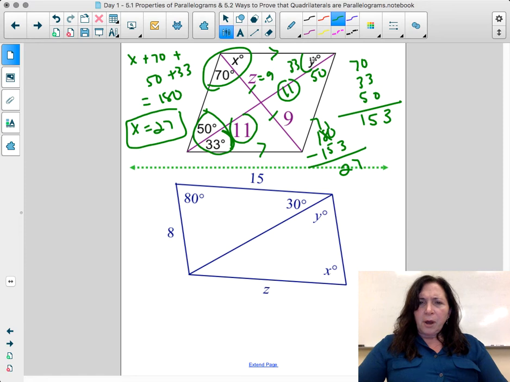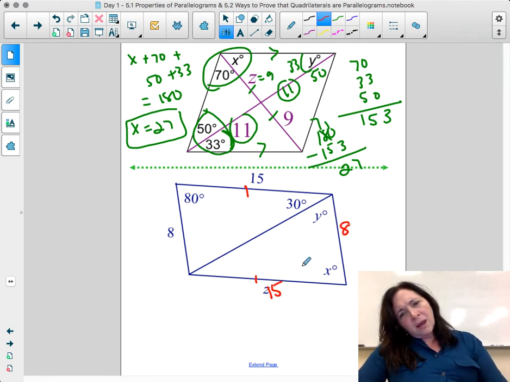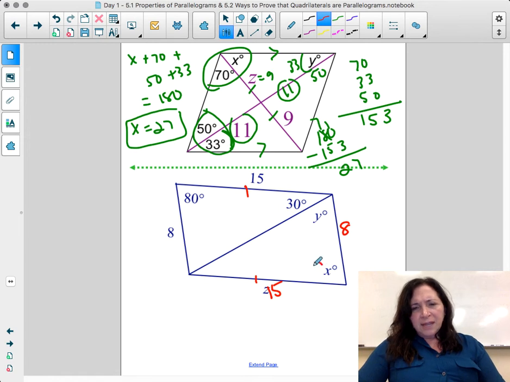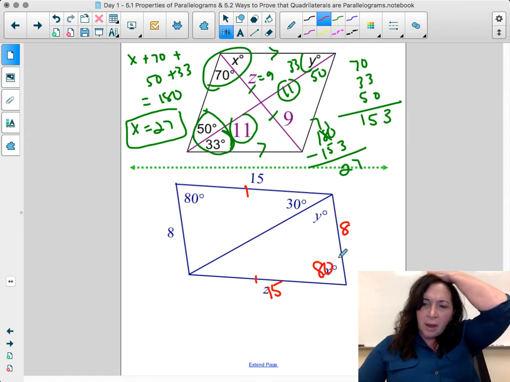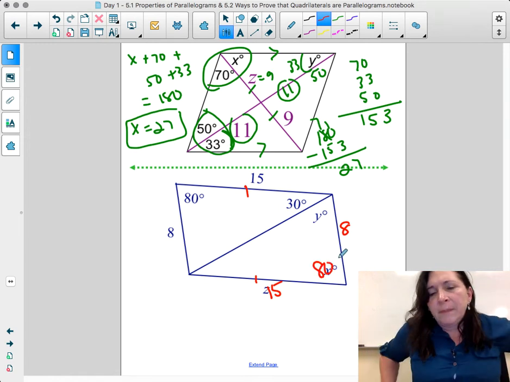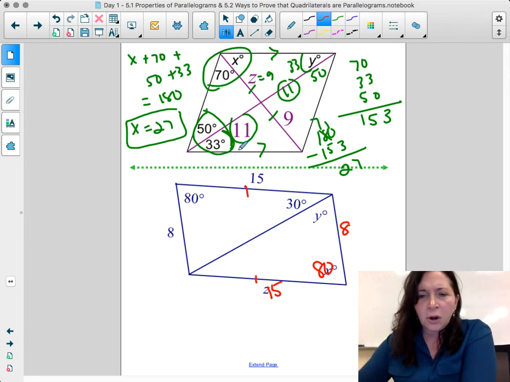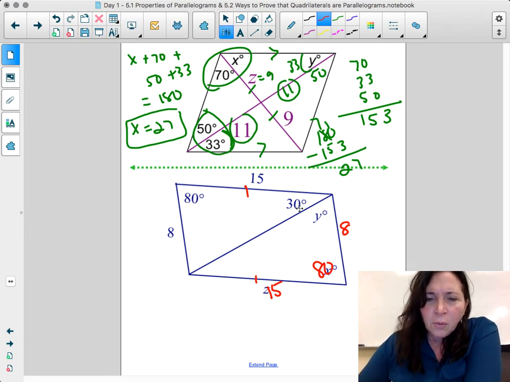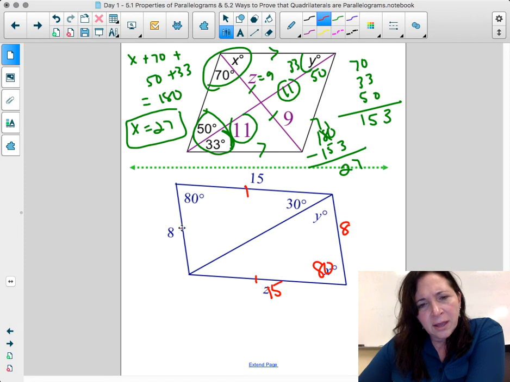For this bottom problem, we have opposite sides congruent. So that's 15. We know that's 8. So that's 8. We know that if that's 80, because opposite angles are congruent. We also know that opposite sides, both pairs, are parallel.